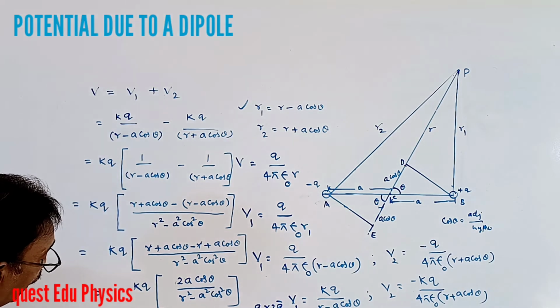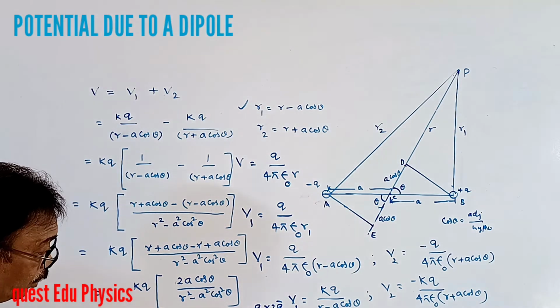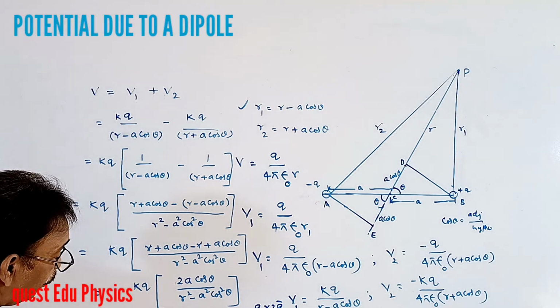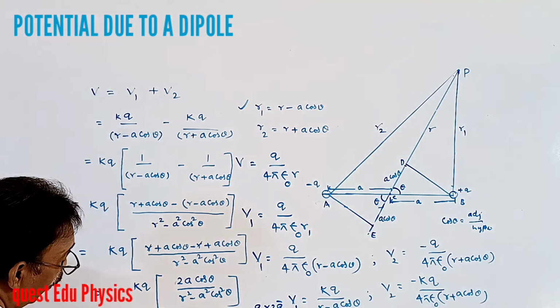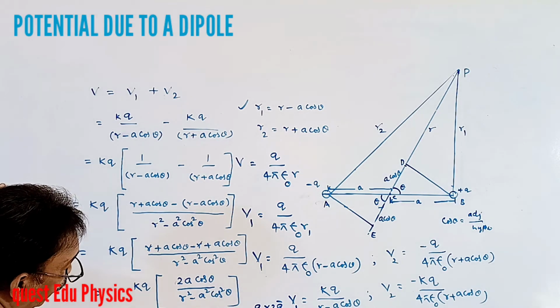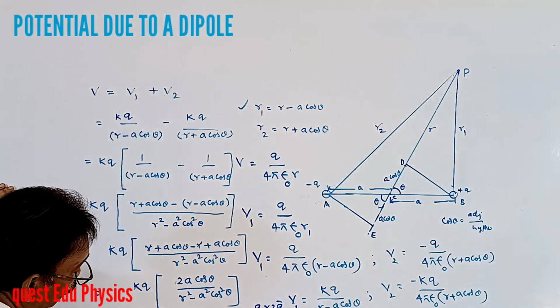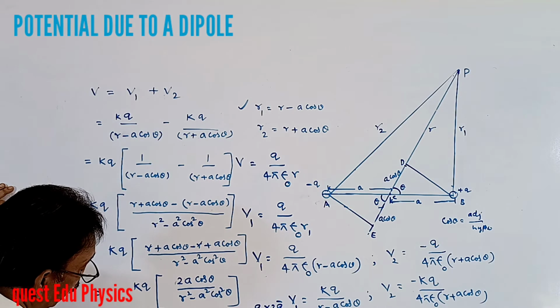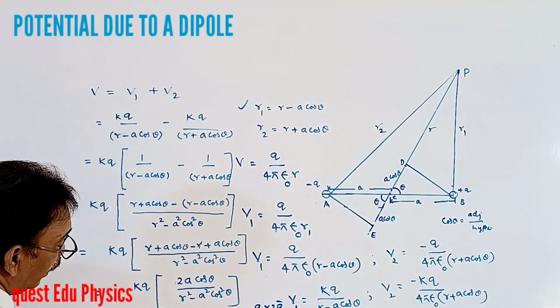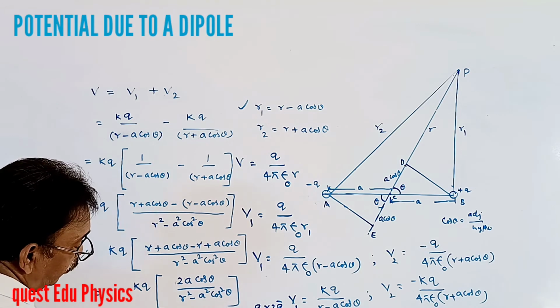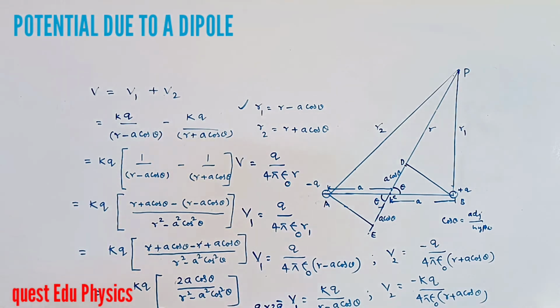Then it can be written as K into P cos theta upon R squared minus A squared cos squared theta. It is the potential at P due to a dipole, students.